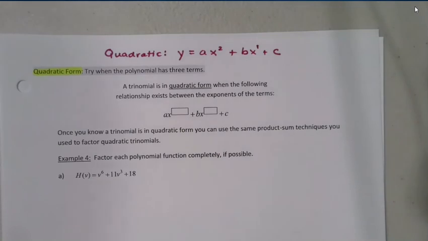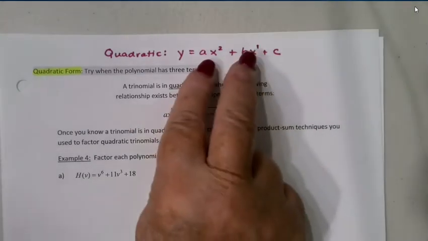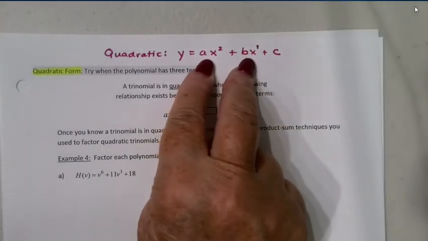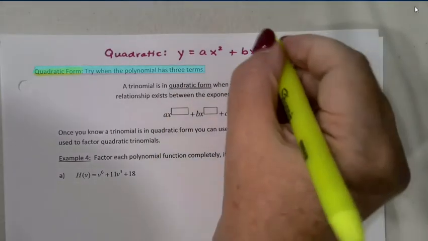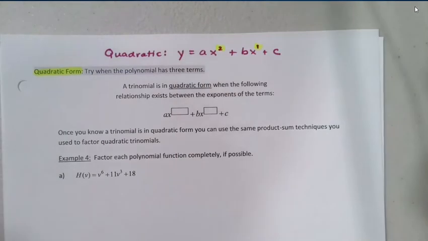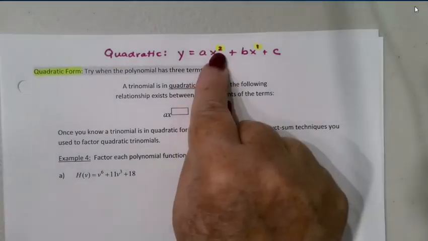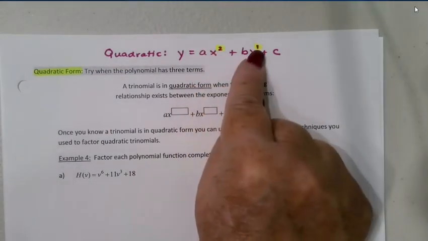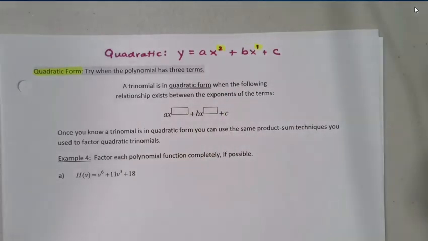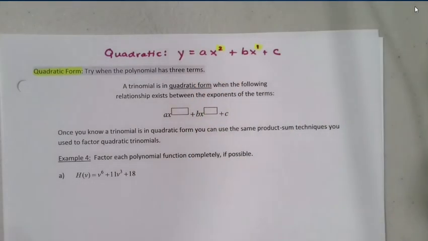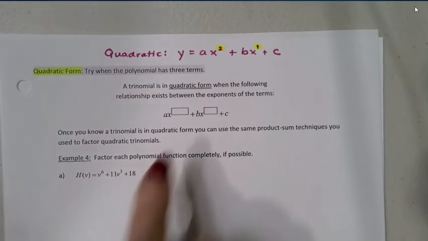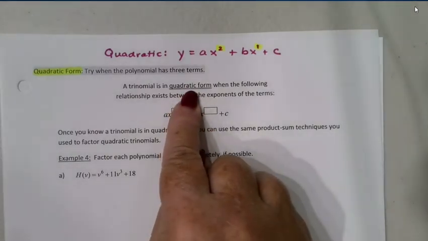What I want you to notice specifically here is in those first 2 terms, there's a specific relationship between the powers on the x's. The power here is exactly double the power there. Any function where that relationship exists, the first power is double the second power, we say is in quadratic form.